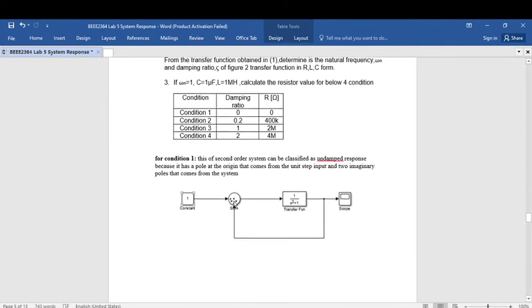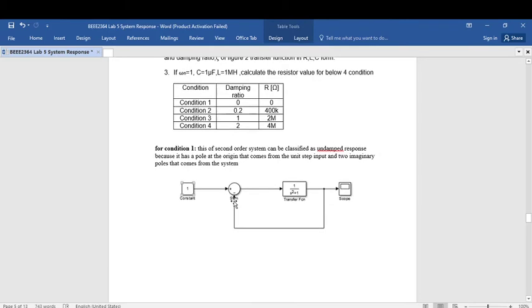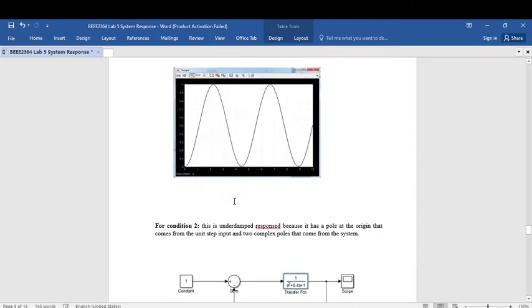From the circuit, we can produce the transfer function.